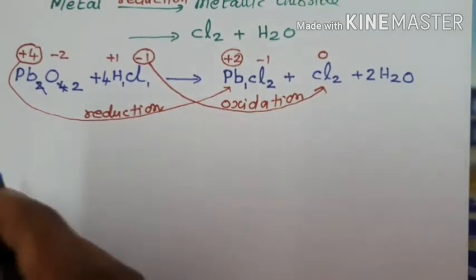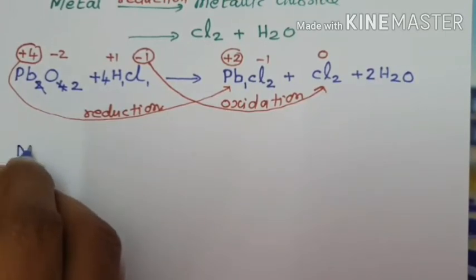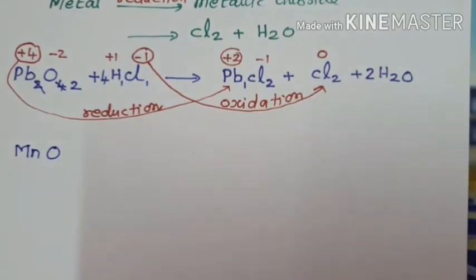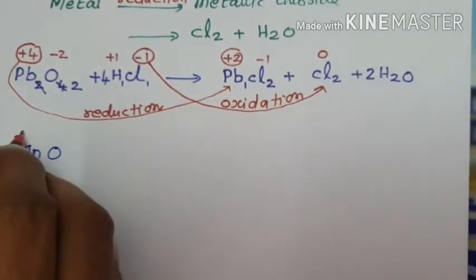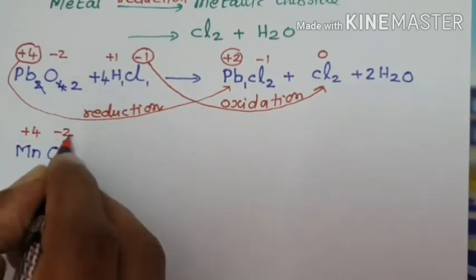So in the second reaction, manganese dioxide, MnO2. Like the first reaction, manganese is in plus 4 oxidation state, oxygen minus 2.